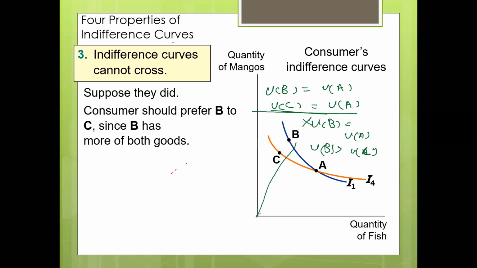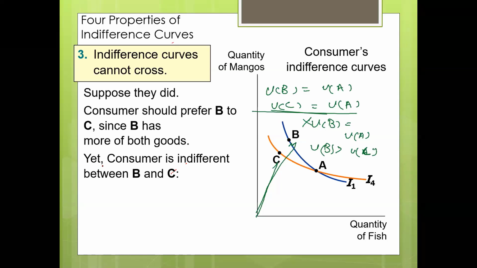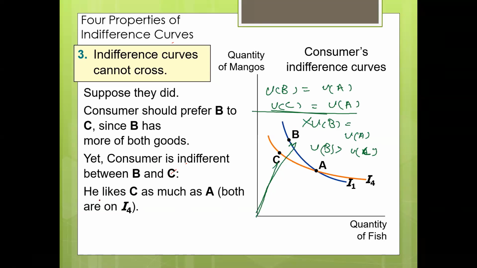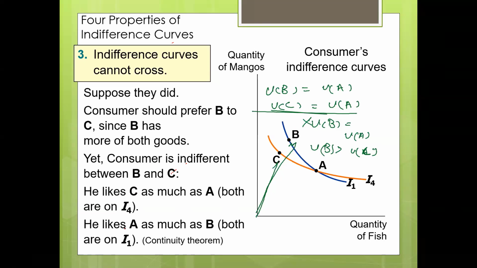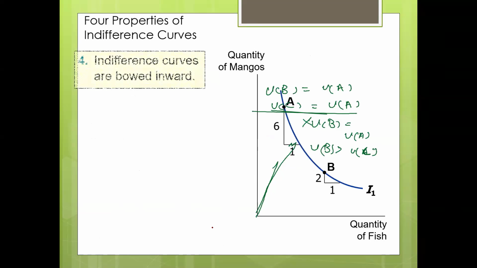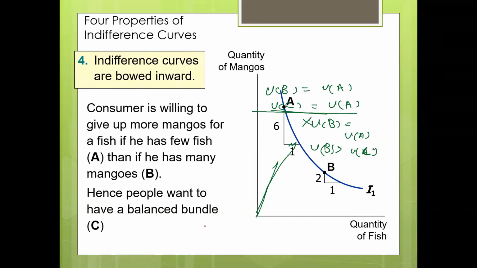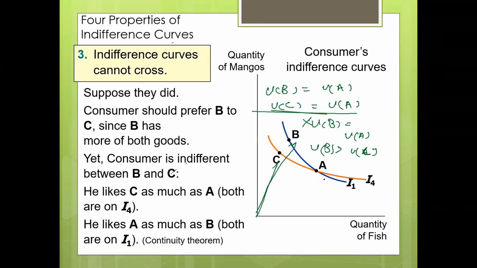So the distance from 0 to B is more than the distance from 0 to C. So he should prefer B to C. But yet the consumer is indifferent between B and C because C is equal to A and A is equal to B. So logically C should be equal to B. He likes C as much as A. So the continuity theorem says that C should be equal to B. But logically both properties cannot stay at the same time.